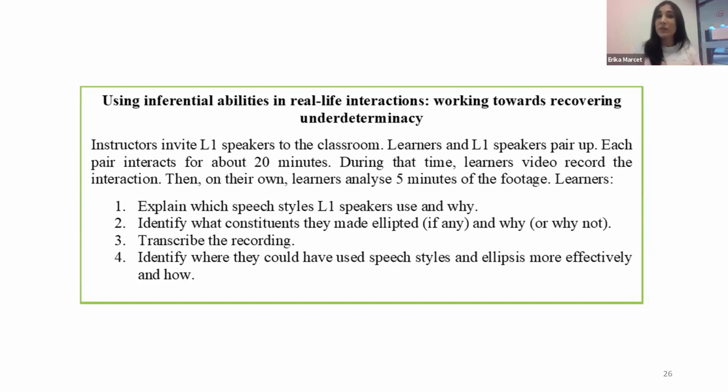In this case, the example is about speech styles and ellipses. They would record that, and when listening to the recording, they would become cognitively engaged by analyzing their natural speech and made consciously aware of how they and their L1 speakers convey intentions using those targeted features particular to the L2.